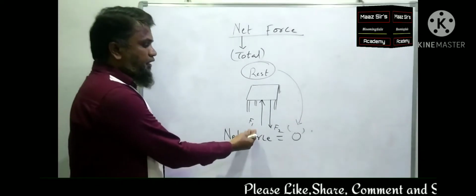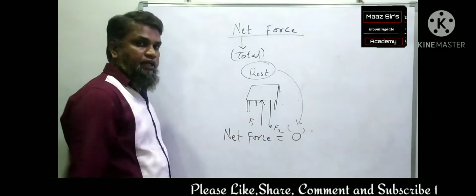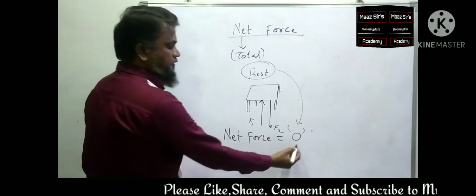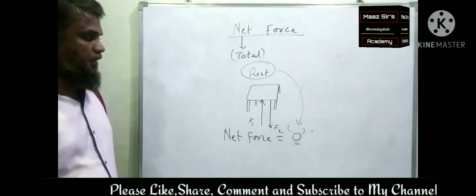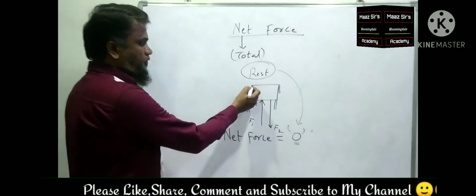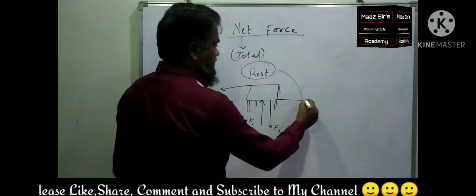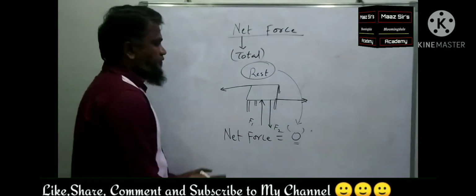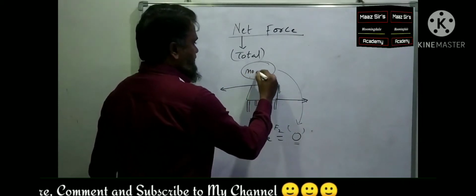They are both equal and opposite in direction. So what happens? We always get a net force of 0. Similarly, if we move the object in this direction, now the object will be in motion.